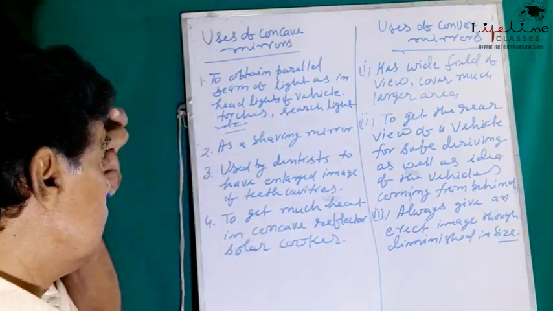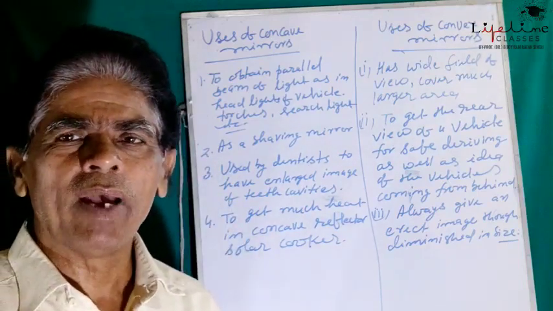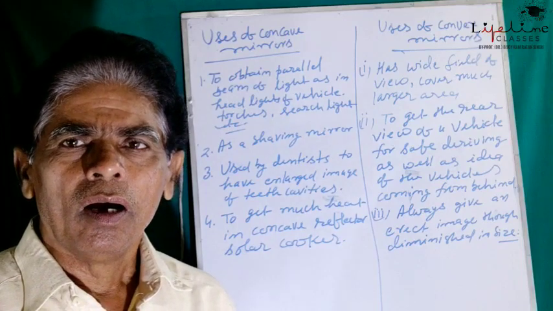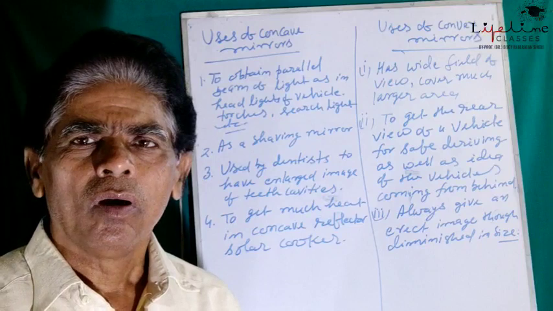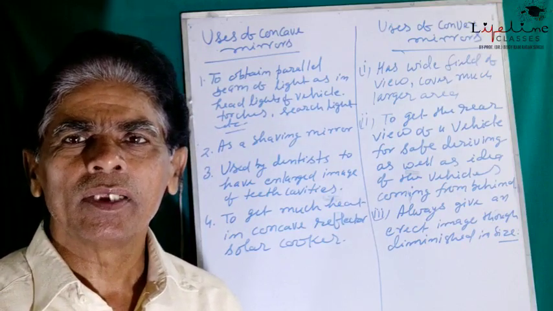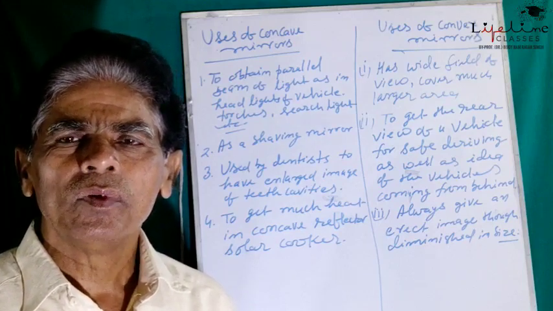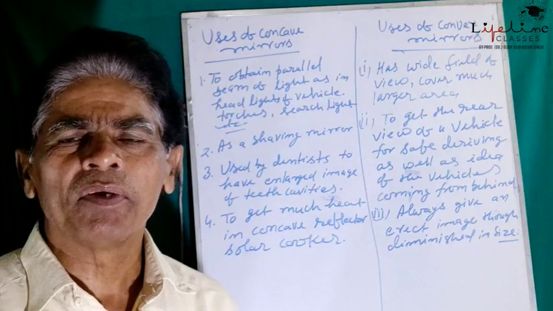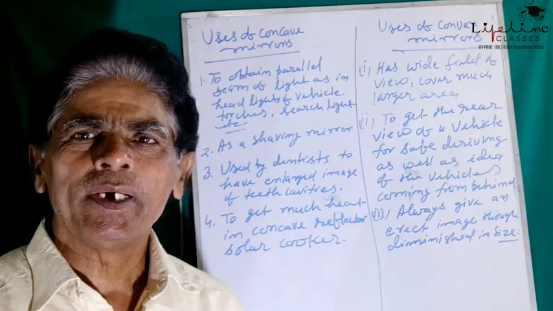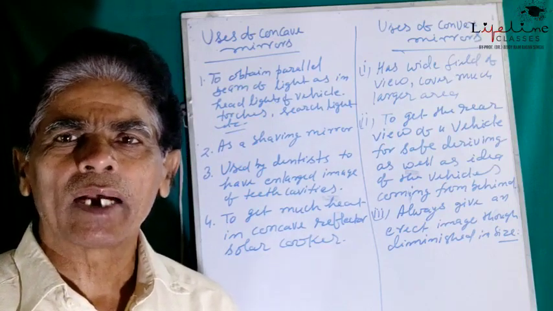See here, the headlights of the vehicles, torches, a searchlight, all these appliances or devices are made such that they have a concave reflector surface. The bulb is situated at the focus of these concave reflectors.